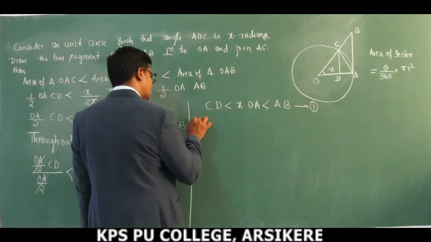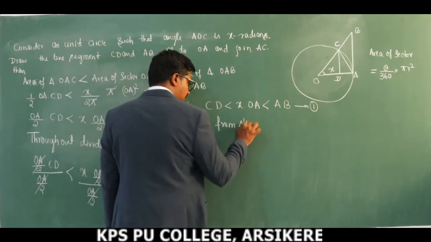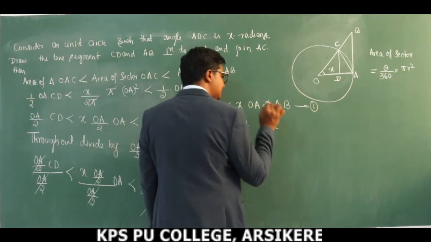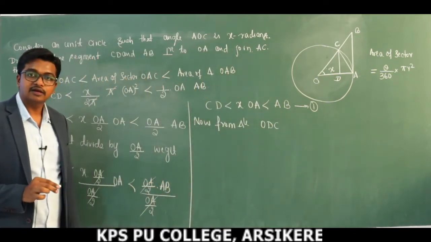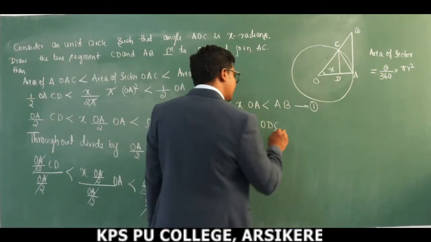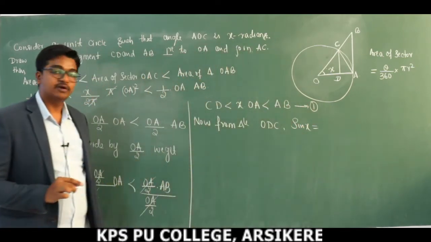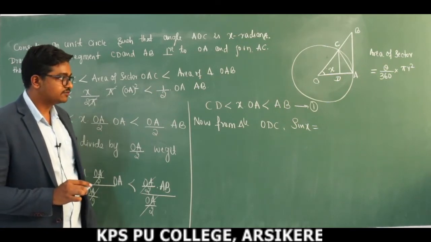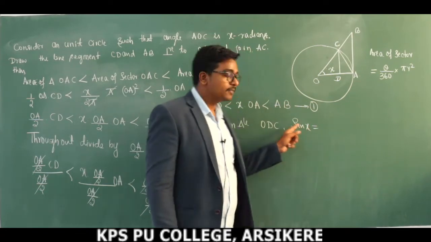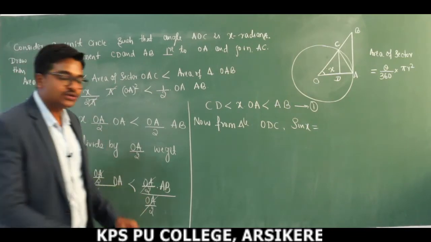Now from triangle ODC, just observe the right angle triangle ODC. We will take the trigonometric ratio sin x. Here x is the angle, in radians, and it is between 0 and pi by 2.